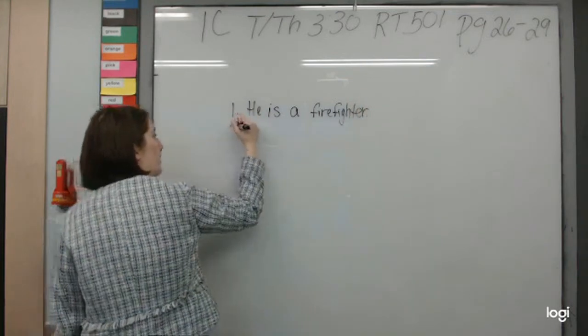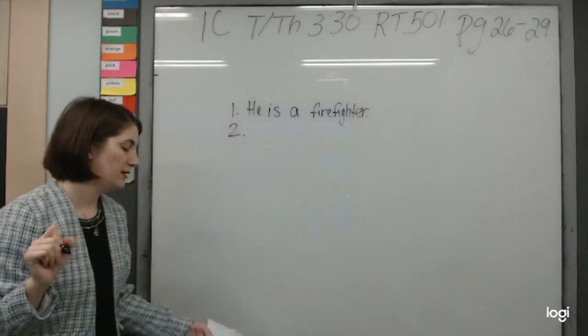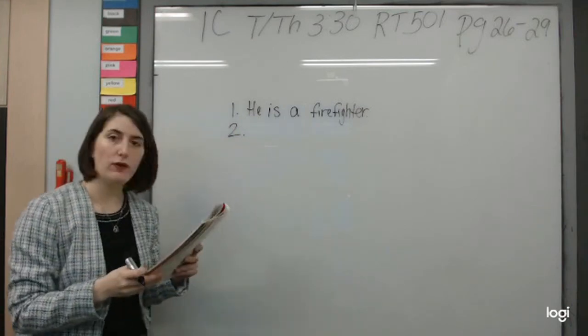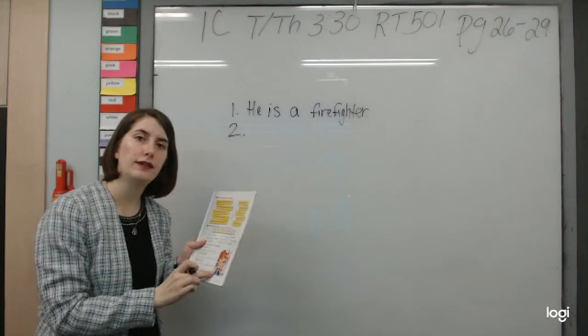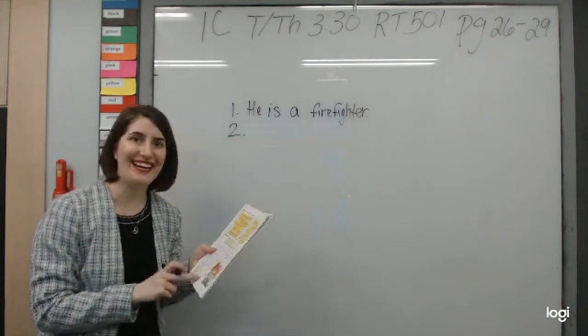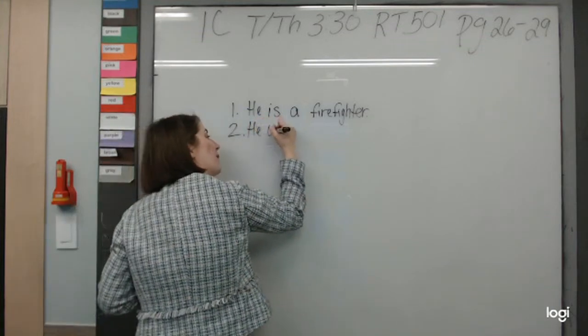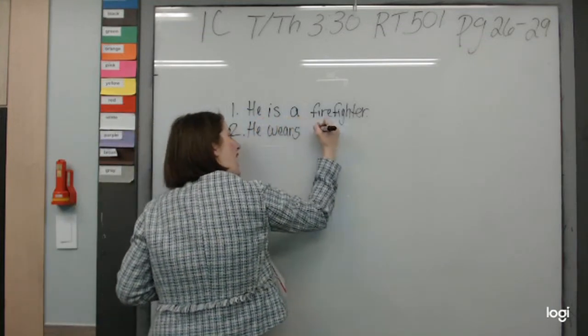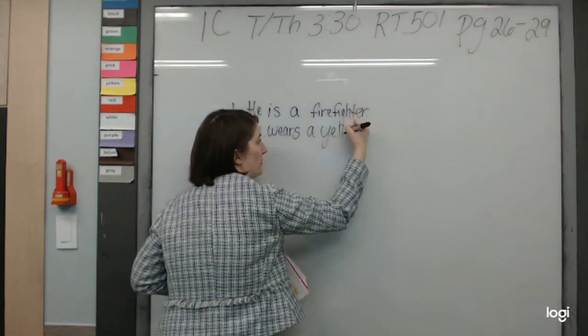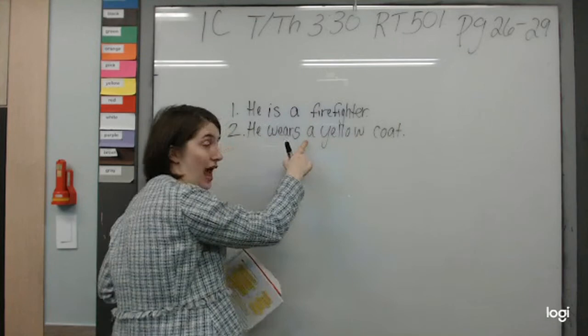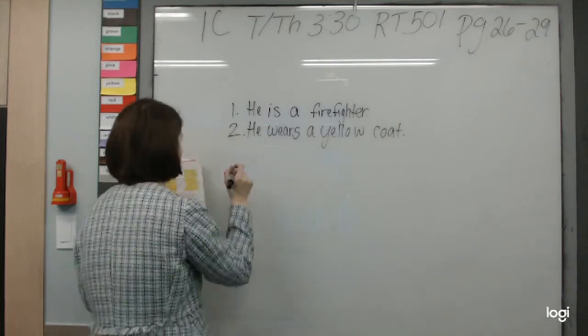All right, number 2. What does he wear? Well, what color is his coat? That's right, he has a yellow coat. So he wears a yellow coat. Remember, a, don't forget, okay guys?